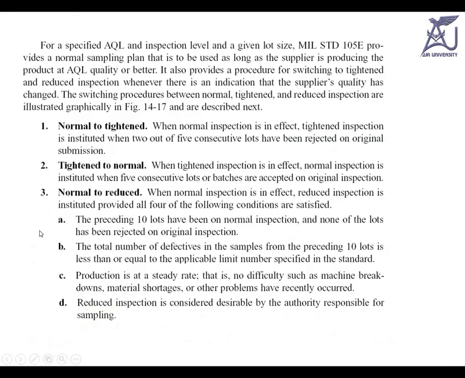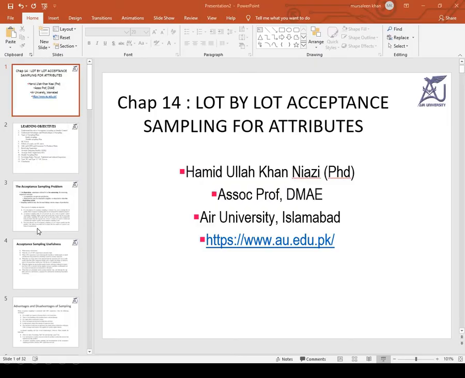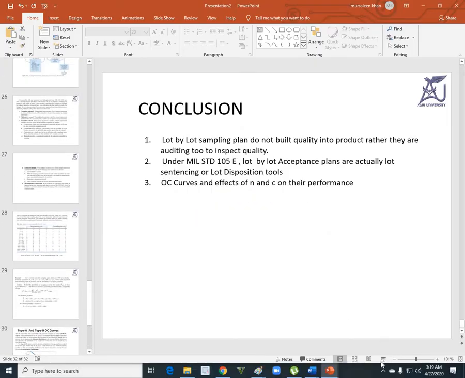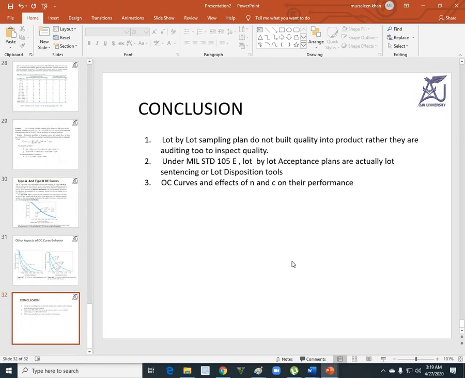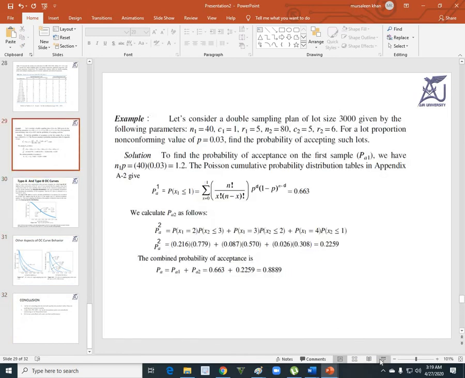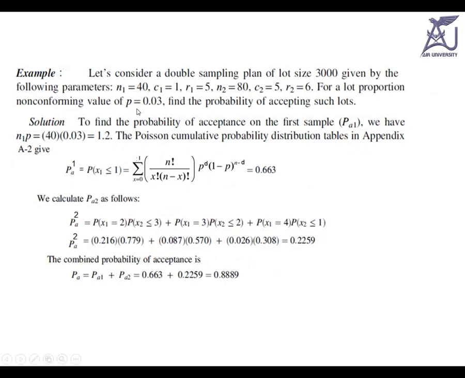Okay, now let's go to the example which we discussed earlier, this example. So P is 0.03. This was the AQL level, and you find out this data from the double sampling plan.